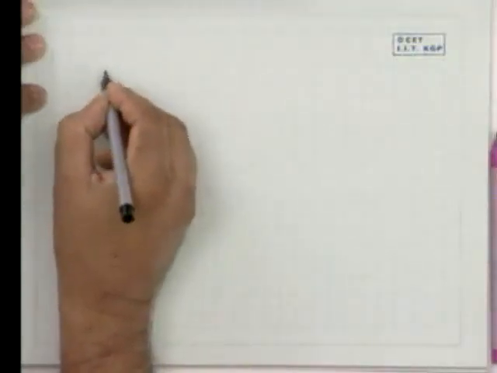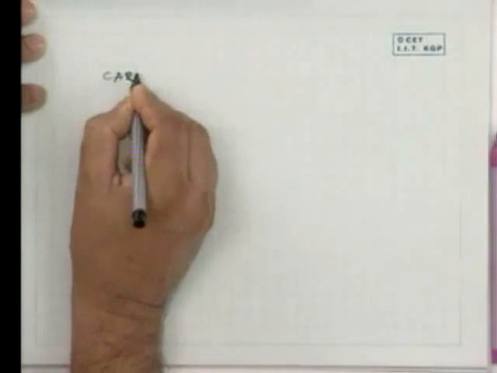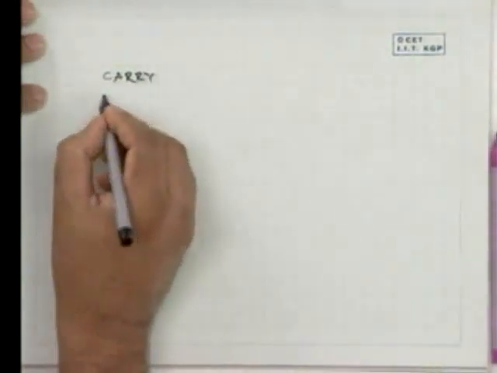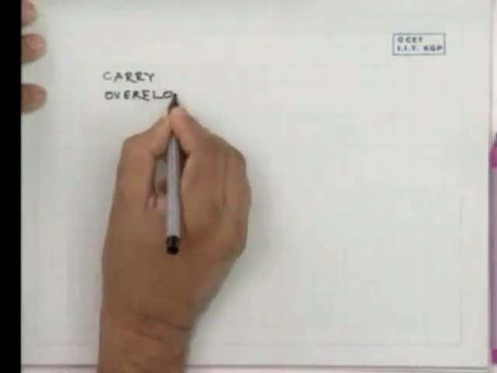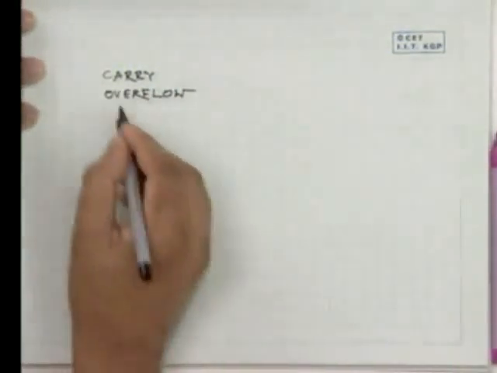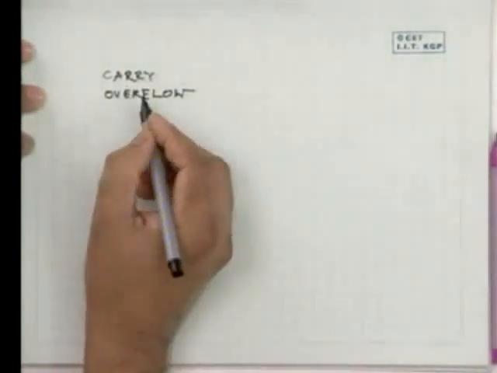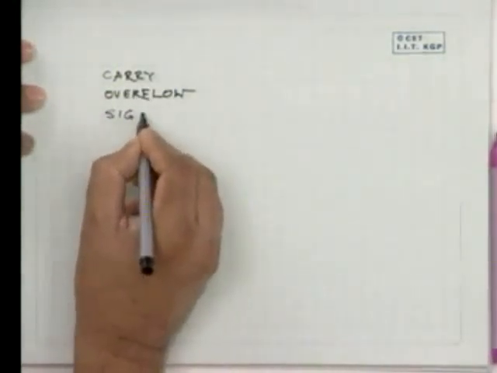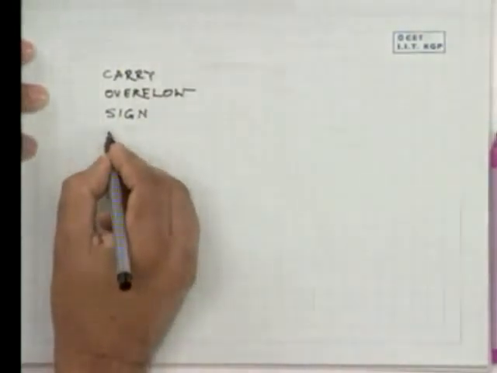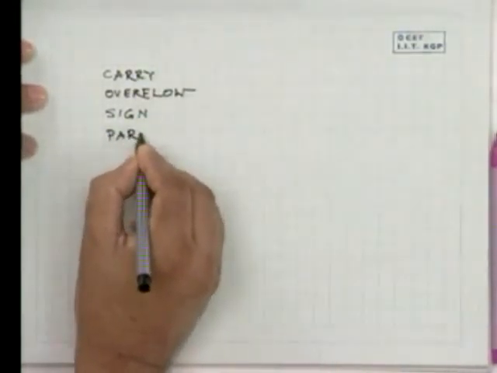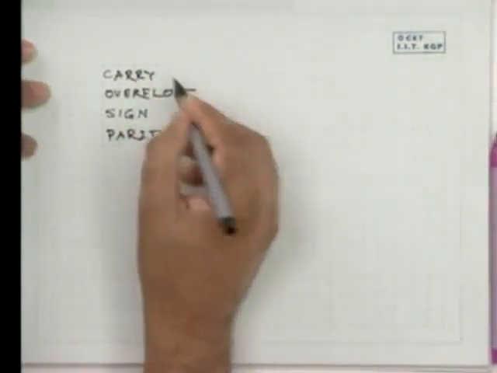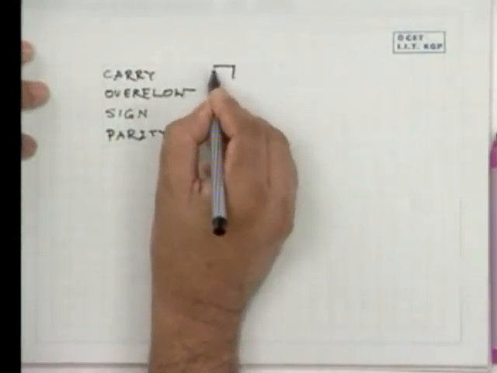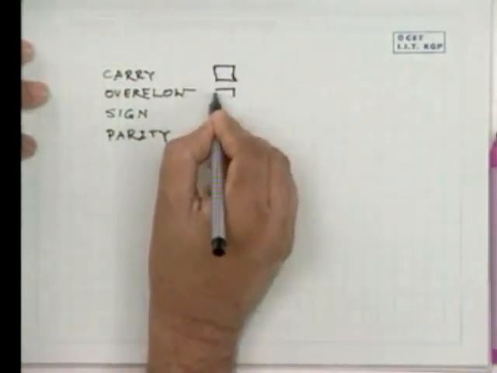We call them the carry flag, then the overflow flag, then the sign flag, and sometimes the parity flag. All of them are single bit registers, you can say.